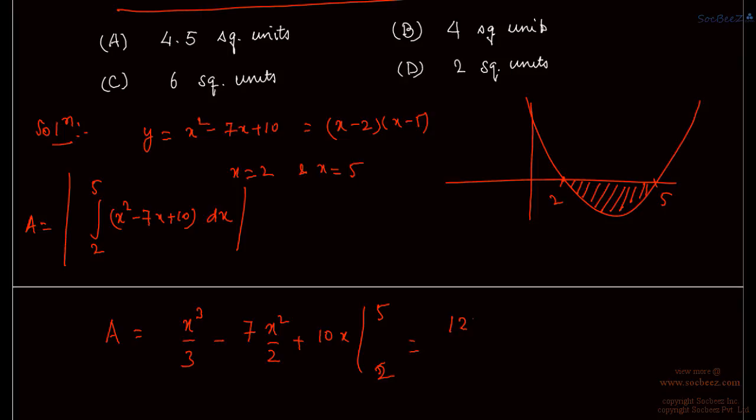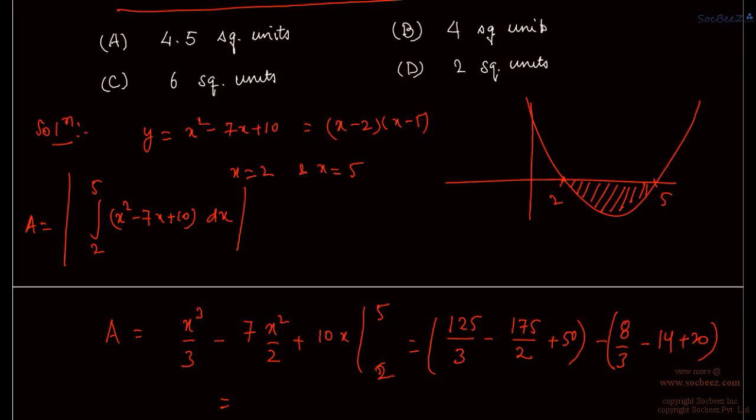So putting the value 5, we will be getting 125 upon 3 minus 7 times 25, which is 175 upon 2, plus 50, minus 2 cube upon 3, that is 8 upon 3, minus 2 to the power 2 upon 2, which is 14, plus 20.